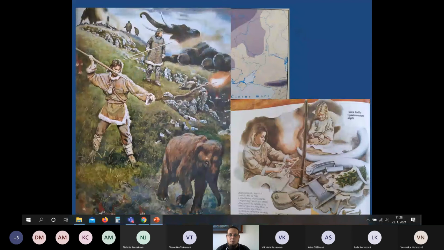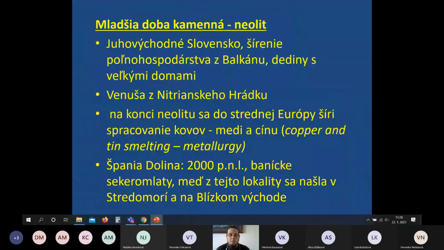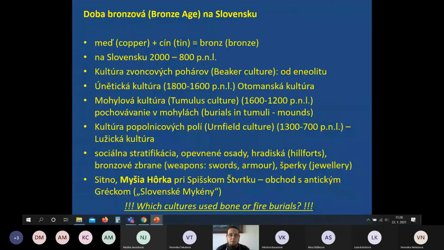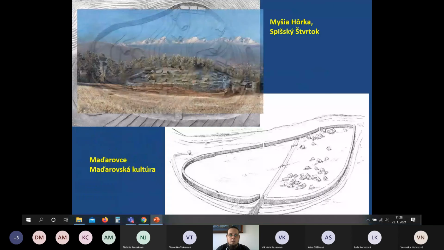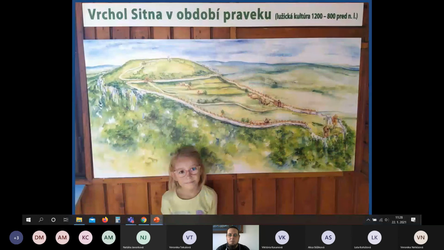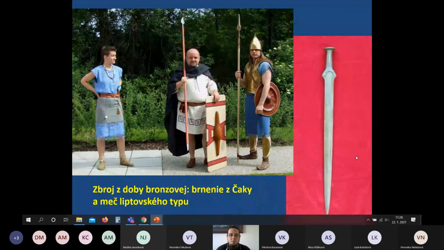Again, there are a lot of beautiful pictures, also about the Bronze Age period. That is my favorite one, with ramparts already. Yeah, Juro Červenák will mention, Sandra and Sitno, a reconstruction of this Lusatian culture Bronze Age rampart.